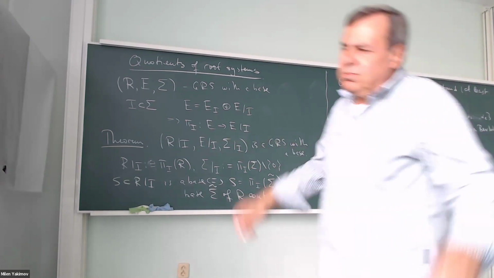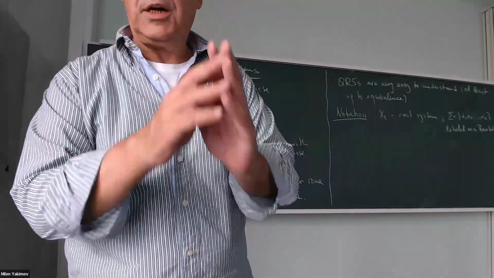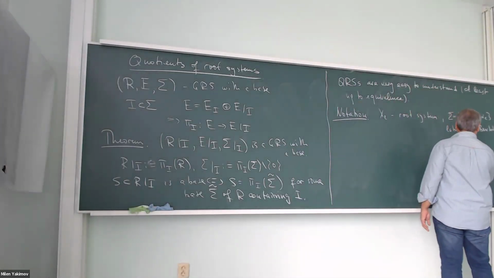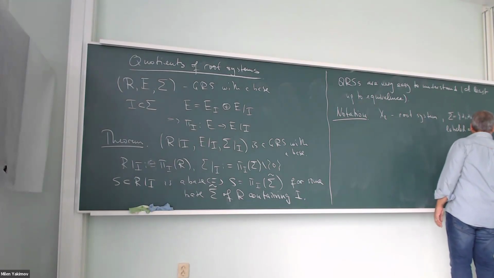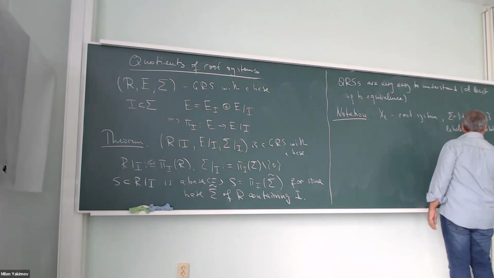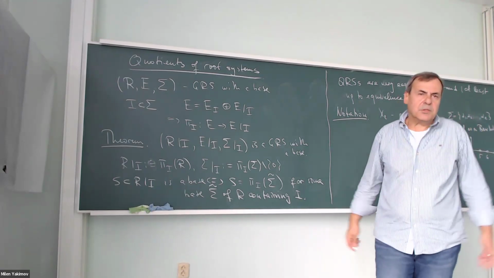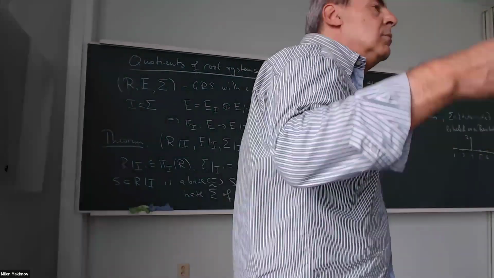Why that? No reason. You just need to choose a labeling. So for example for E, I'm labeling them 1, 2, 3, 4, 5, 6, 7. This is the Bourbaki labeling.